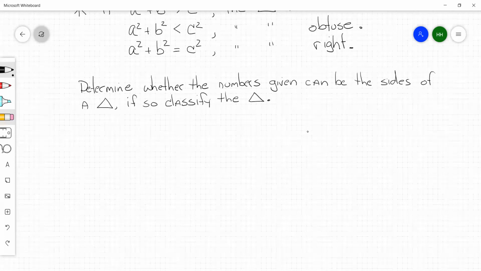Let's start with 6, 13, and 20. Determine whether the numbers given can be the sides of a triangle. Can 6, 13, and 20 be the sides of a triangle? We did this a couple weeks ago.